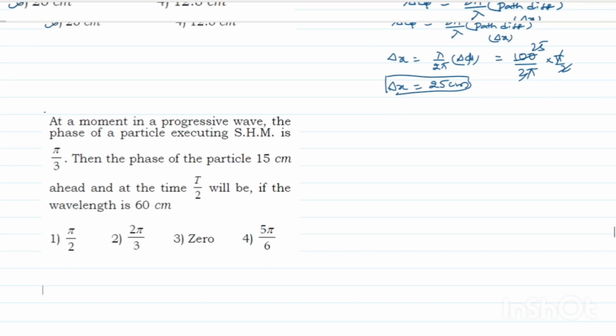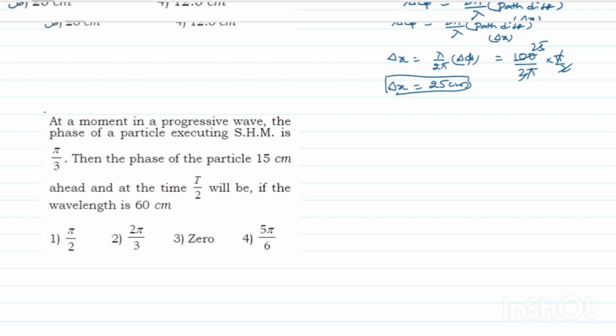At a moment in a progressive wave, the phase of the particle executing SHM is given as pi by 3. Then they are asking the phase of the particle 15 centimeter ahead and at a time t by 2. Now let us see this question, students.